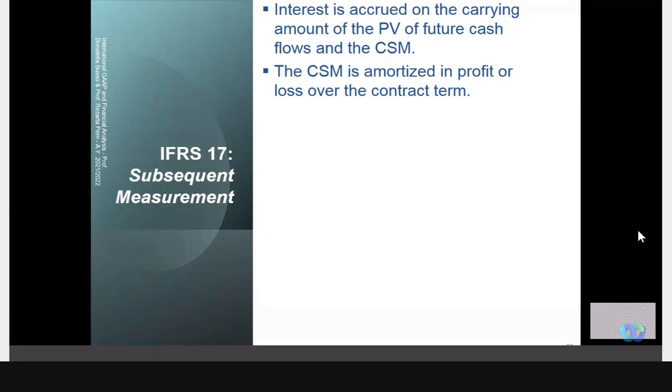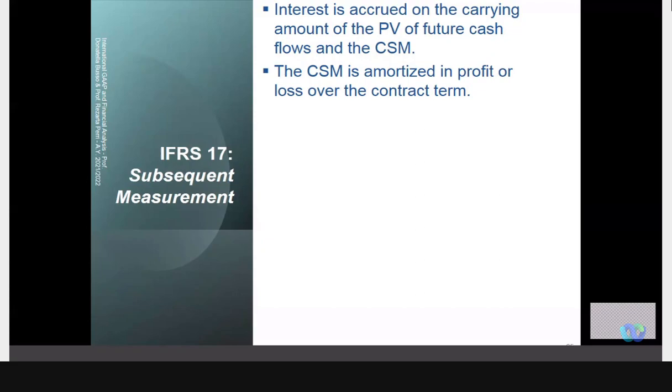Now, when we say that the CSM is amortized, that means that this expected profit is divided into parts to be recognized as profit over the years. If CSM is 100 euro, then I recognize 50 euro as profit in the first year and 50 euro as profit in the second year. That is the meaning of amortizing the CSM.